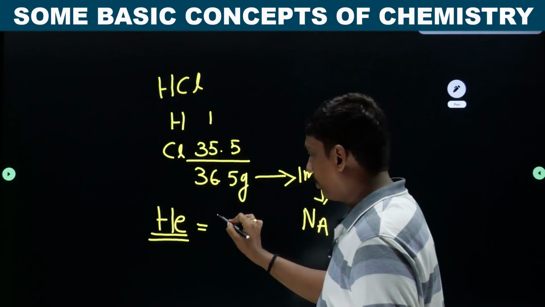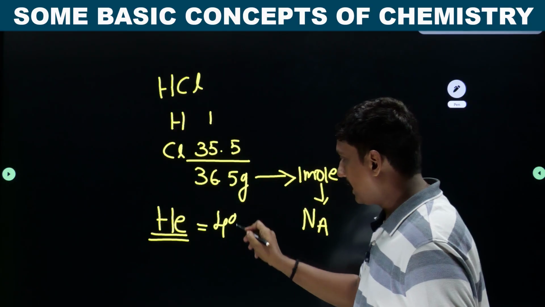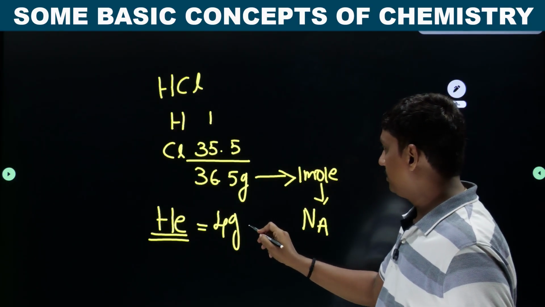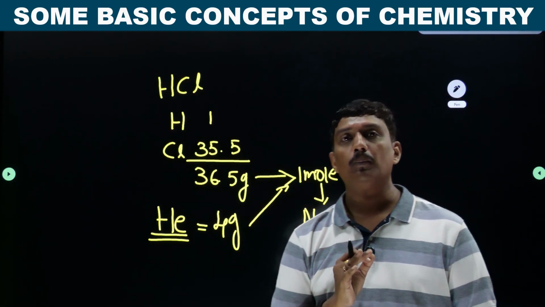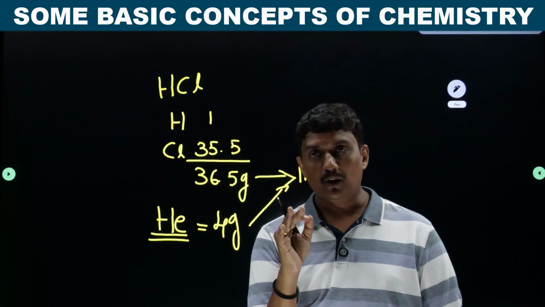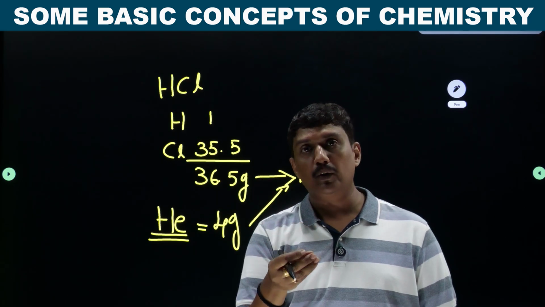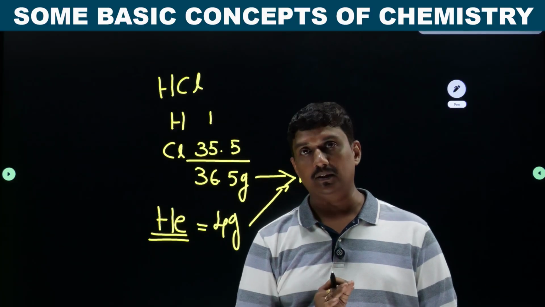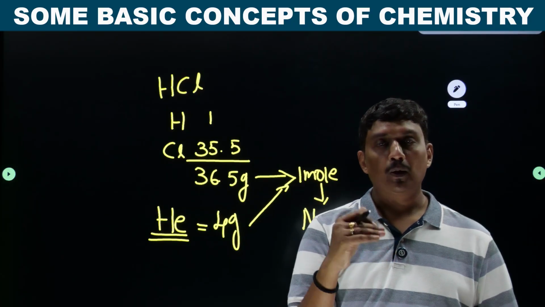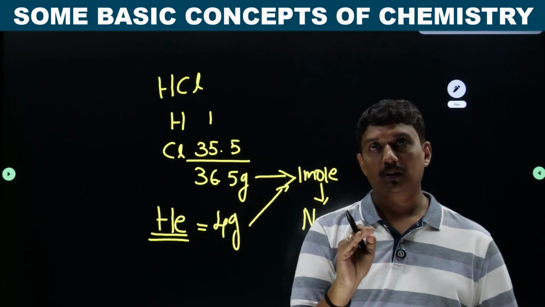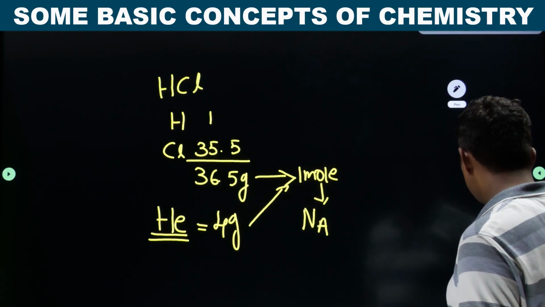So 4 is the atomic mass. 4 grams is the gram atomic mass, which is equal to 1 mole, which consists of Avogadro number of particles. So this is how you can calculate how much mass is required to get a mole of a substance. Now we are discussing conversion of mole to mass, mass to moles, and a few other things.